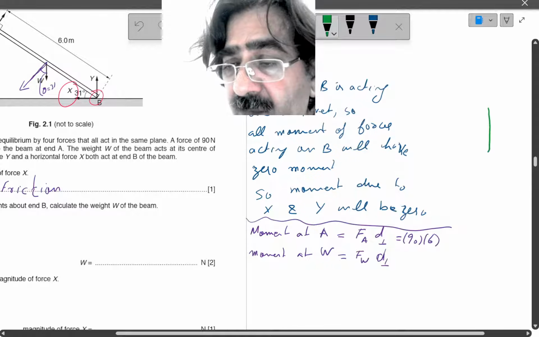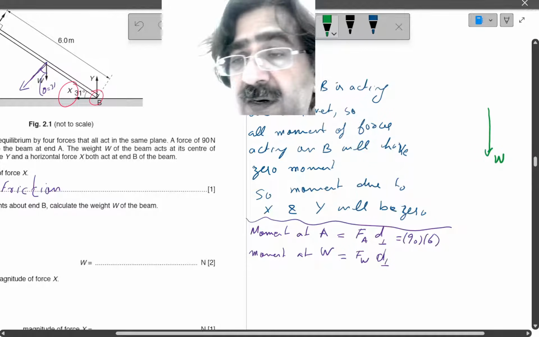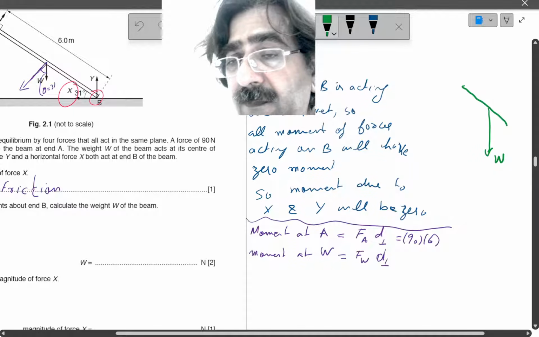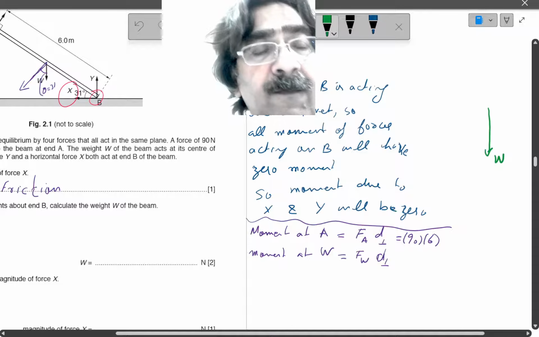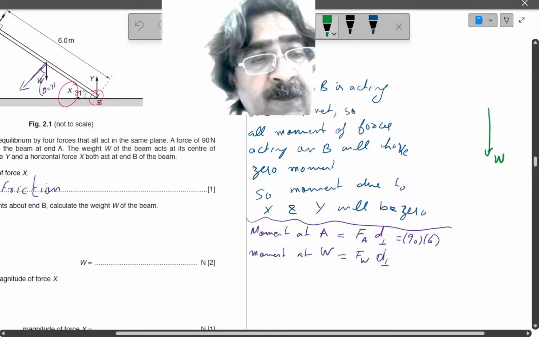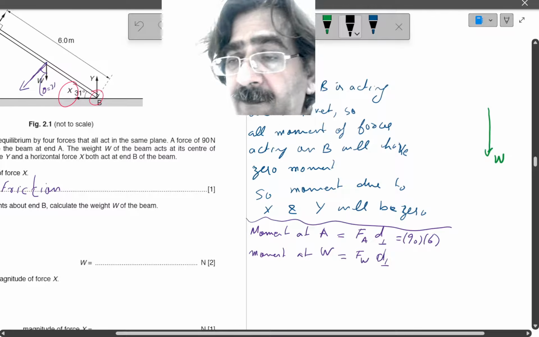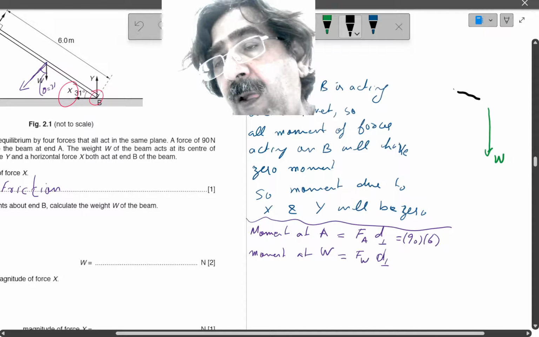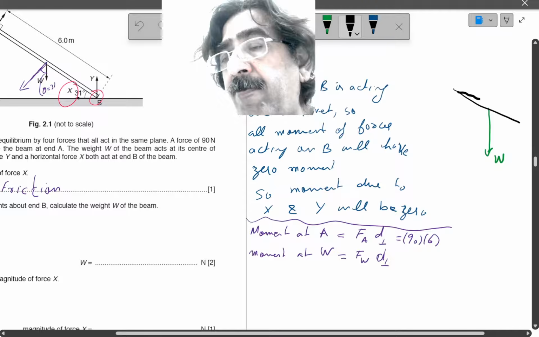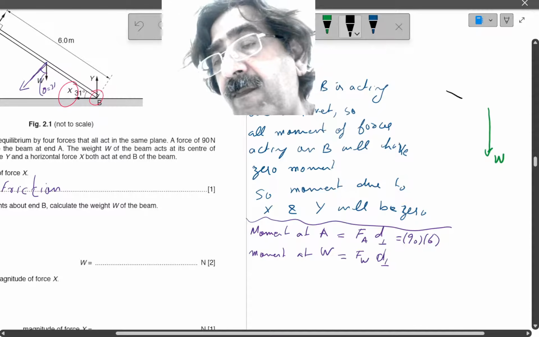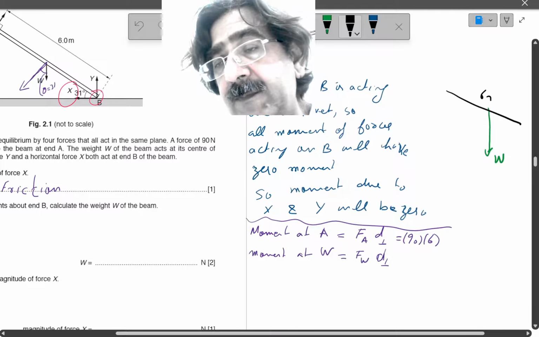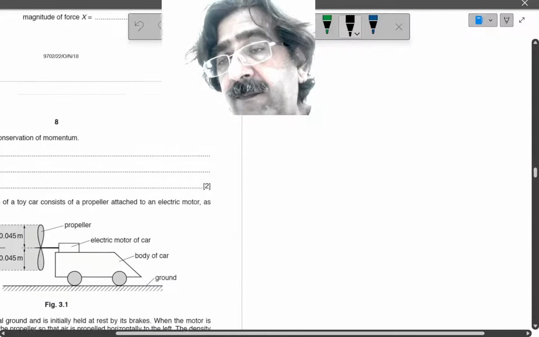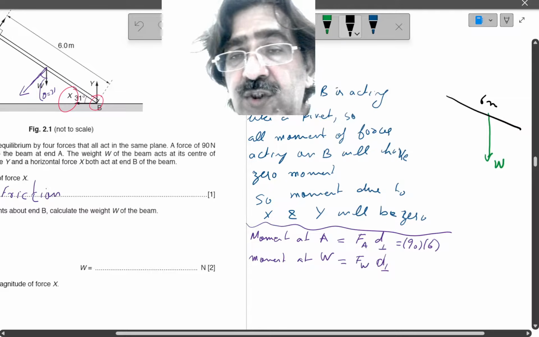W is downward, and the rod is like this, 6 meters.